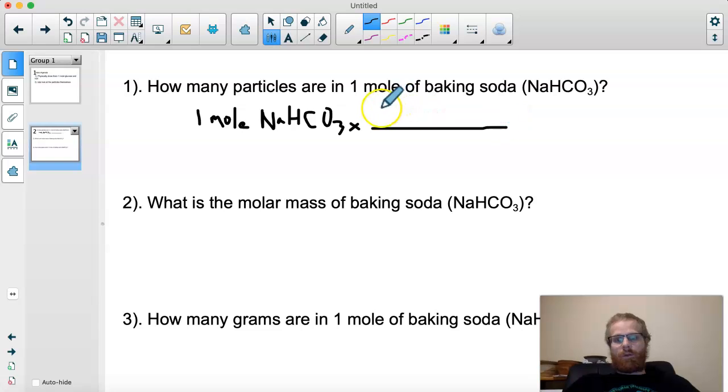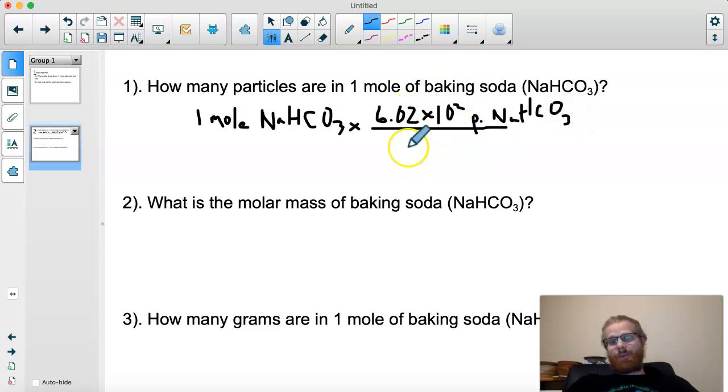So we know there are 6.02 times 10 to the 23rd particles, which I'm just going to abbreviate as P to save some space and time, of NaHCO3. And we know that this number is equal to 1 mole of NaHCO3.